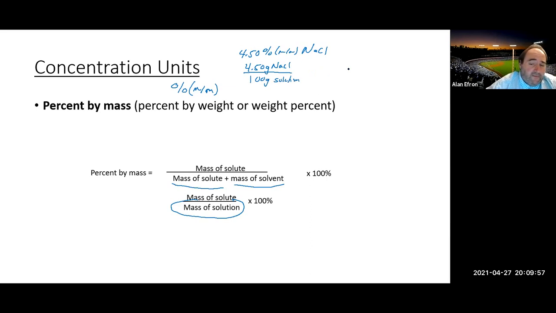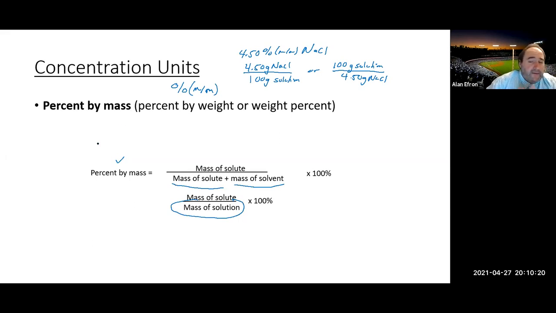Or you could use it as a conversion factor the opposite way: 100 grams of solution has 4.5 grams of sodium chloride. So sometimes you could plug and chug into this equation as well, but you could also use the percentage as a conversion factor to help you out as well.